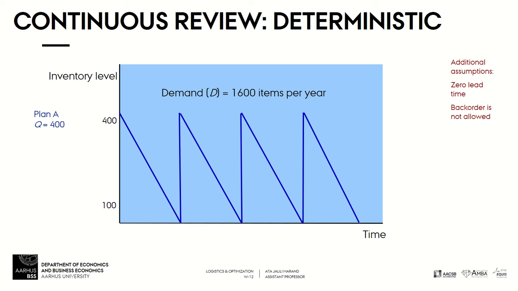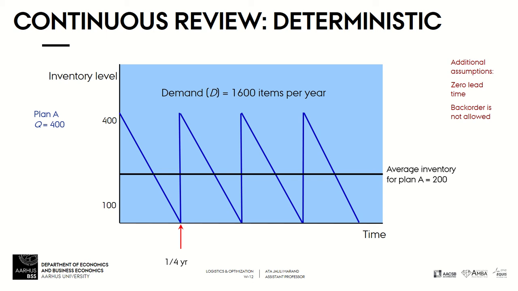When we have an order of size 400, we will make orders less often, only 4 times per year. So each time we make an order, we will pay the fixed ordering cost. And then for an order of size 400, we have an average inventory level equal to 200 over 1 year. And we need to pay an inventory holding cost per unit of this average inventory that we have.